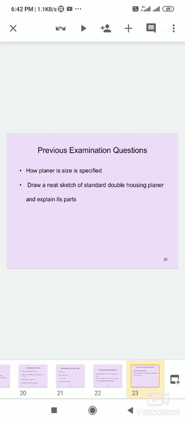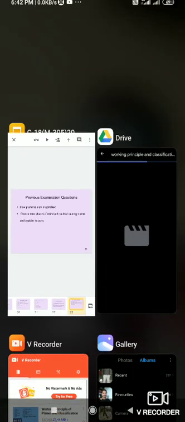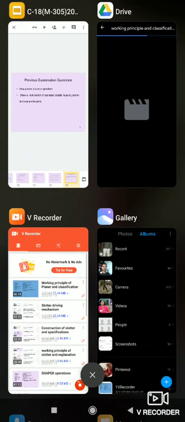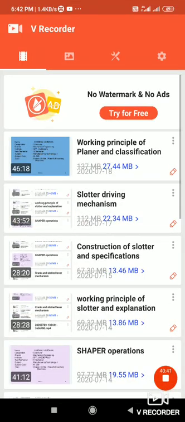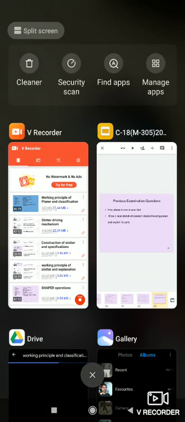That is the components of the double housing planer, and this machine is important mainly for board exams, so it can be drawn easily.